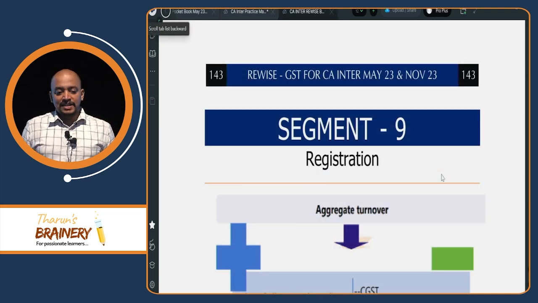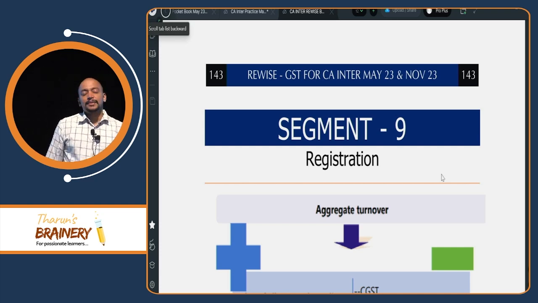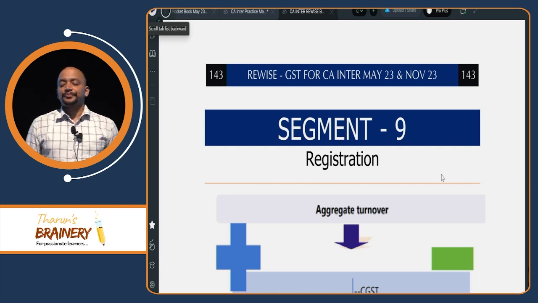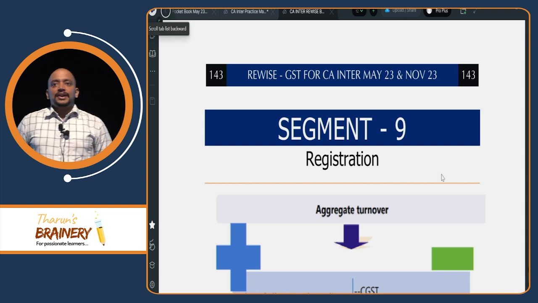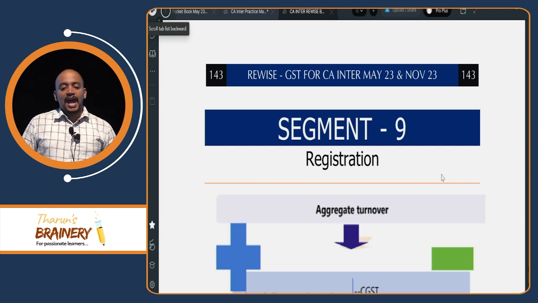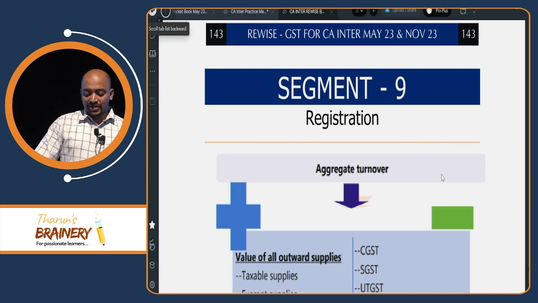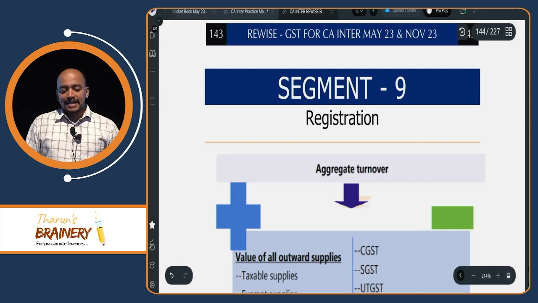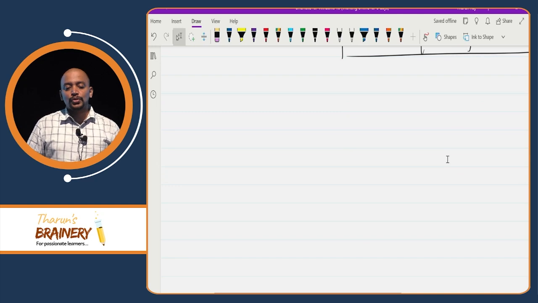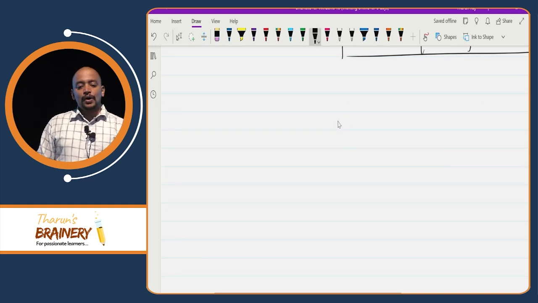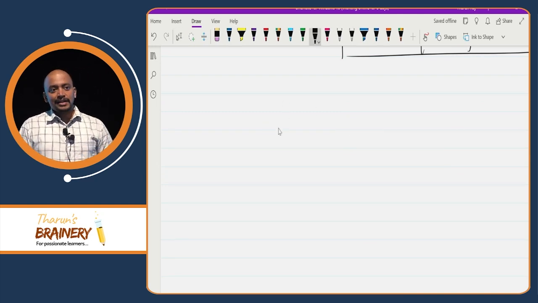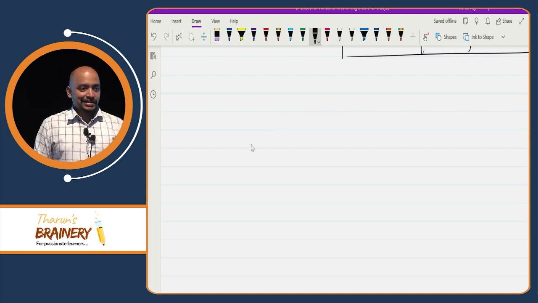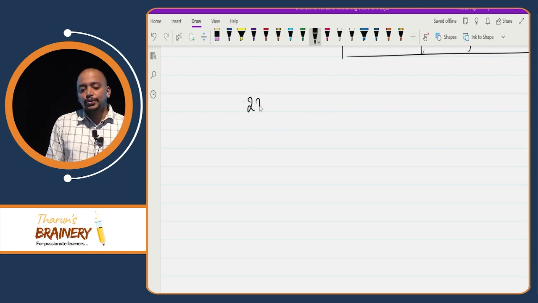See this part, Segment 9, registration under GST, page number 143. In registration we have a total of 9 sections, that is Section 22 to Section 30. Up to Section 21 is related to input tax credit, and from Section 22 to Section 30 we have registration.